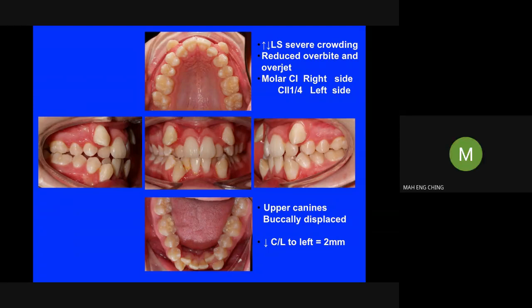Let's say less than 1. Then maybe you give a 3B, less than 1 millimeter, 3B or 2B. Let's say 2B. So you have reverse overjet 2B, but you have a 3C. You're going to choose 3C rather than the 2B, because 3 is still more severe than 2.